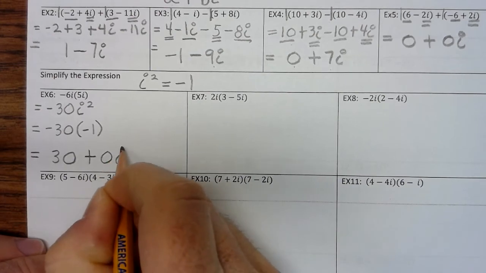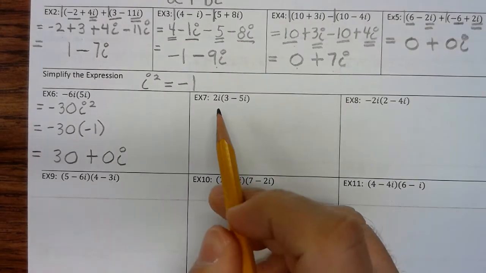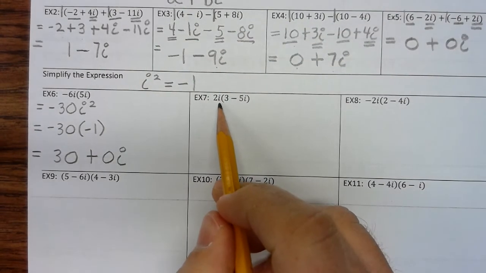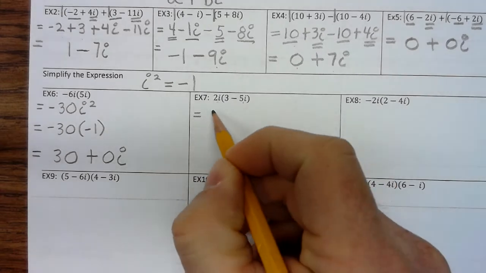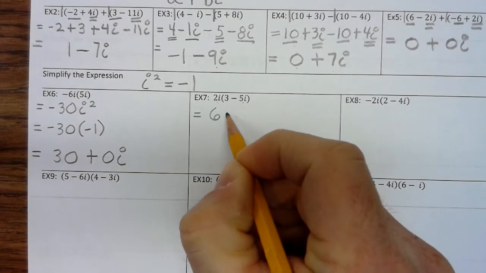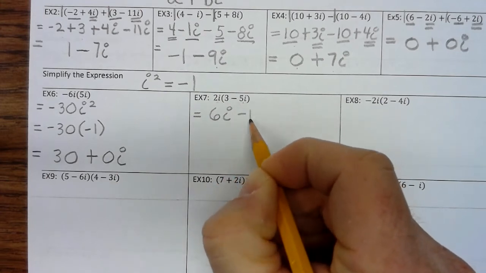All right, example 7. Here, parentheses mean multiplication, so we're going to multiply 2i times 3 and -5i. So 2i times 3 is 6i. And then 2 times -5 is -10.